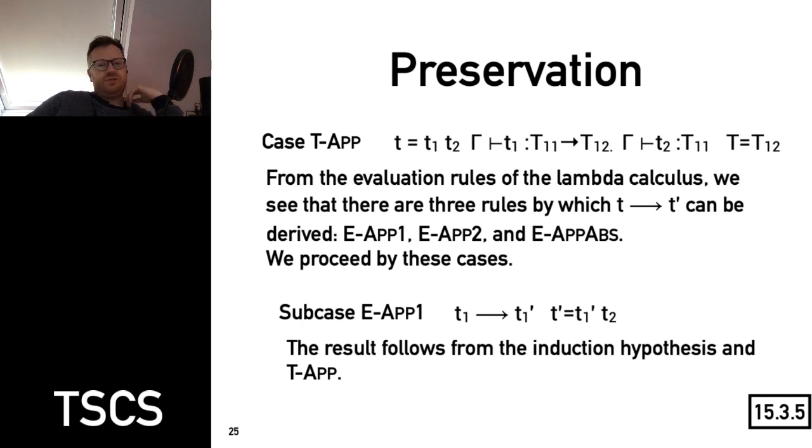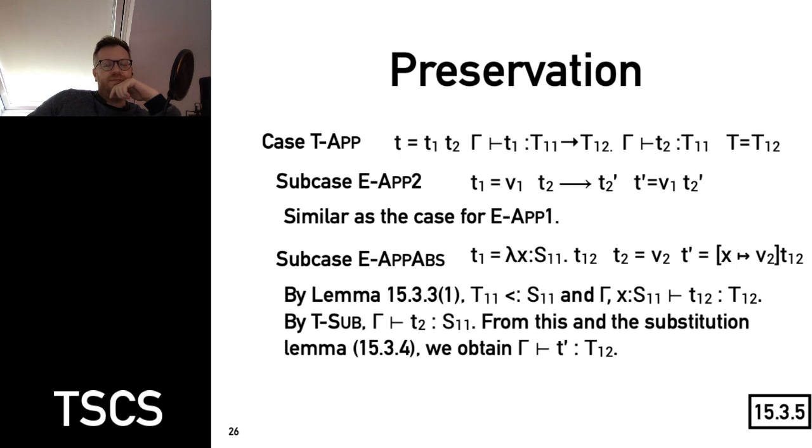And we just proceed by these cases. So the subcase E-App1 progresses the first part, and the result follows from the induction hypothesis and T-App. So this is just recursing basically in your proof. E-App2 is the same. And the E-AppAbs rule is the actually interesting thing. There now we need our new lemma. This is the part where the proof gets a little bit more interesting, where we actually need the things that we defined before.